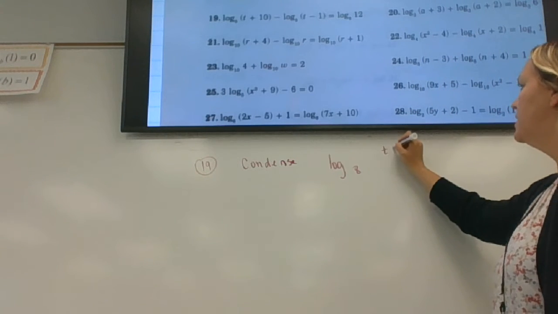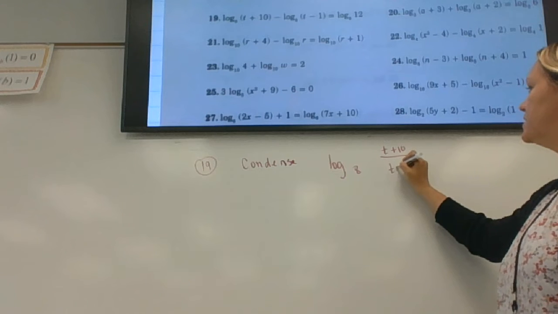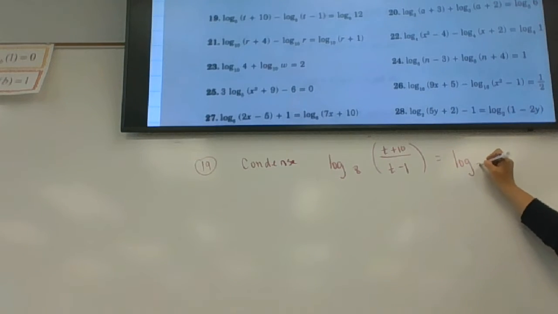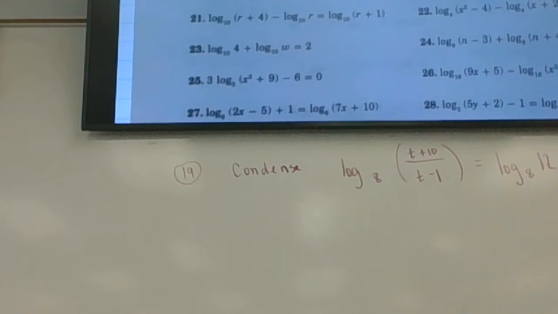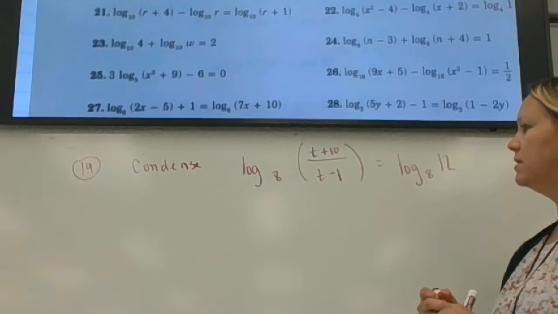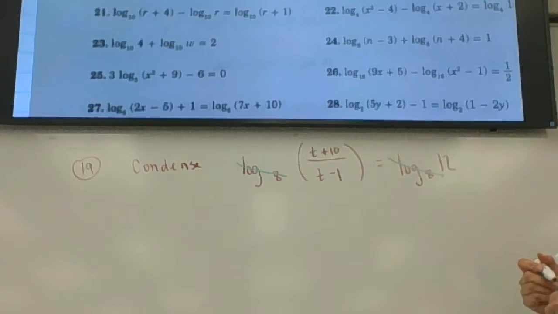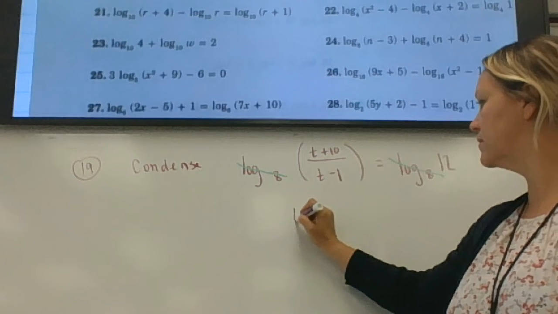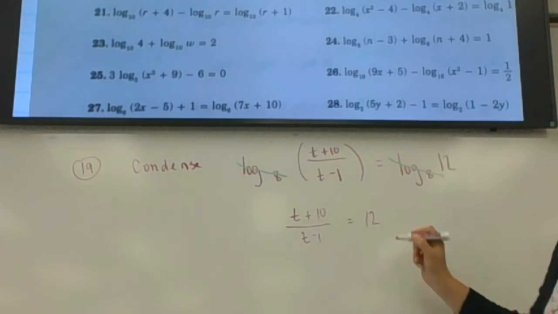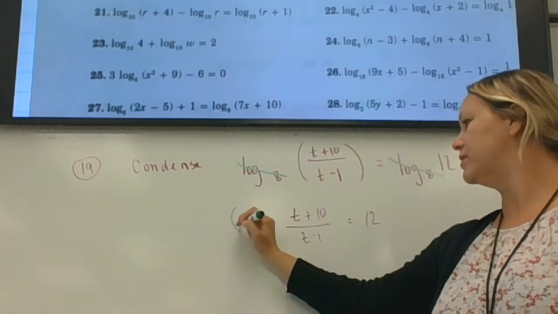So I can put t plus 10 all over t minus 1, and that's equal to log base 8 of 12. And if you have log on both sides, you can now use the property of equality to drop those logs. So now I will multiply by the denominator on both sides.